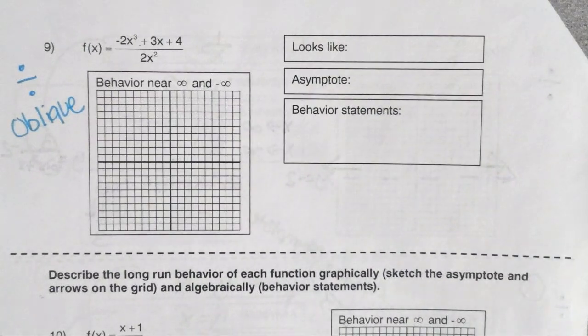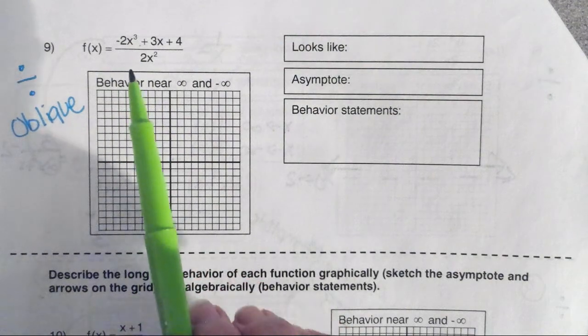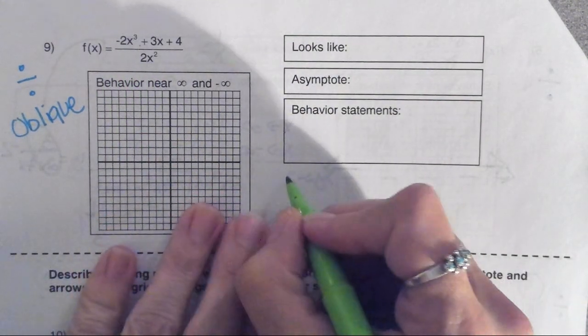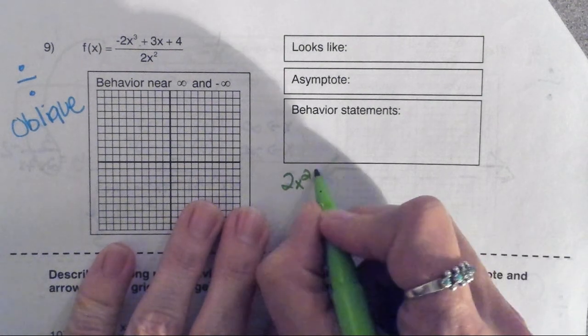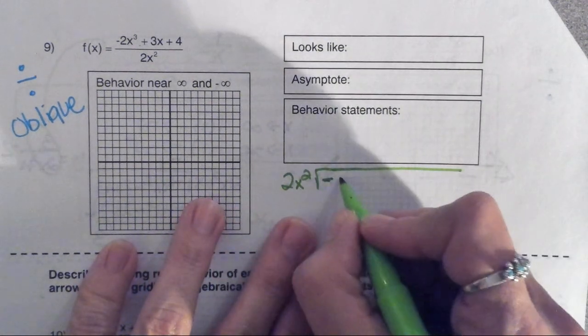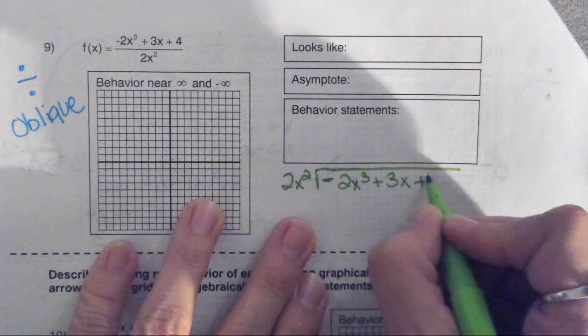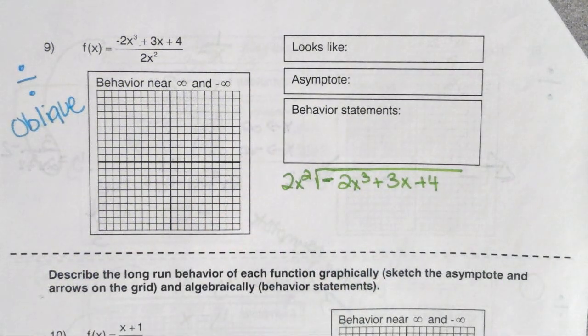Okay. The next one I asked you to try on your own was number 9. Let's go look at number 9. On number 9, we're going to start off the same way we did before. We're going to go do our division. And when we divide, we're going to have 2x squared divided into negative 2x to the third plus 3x plus 4.